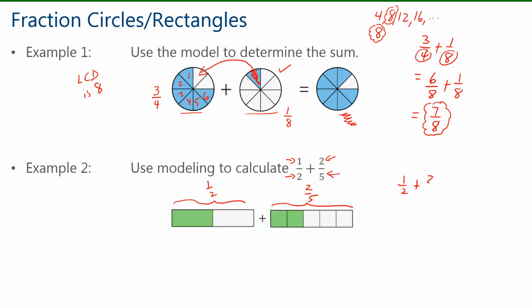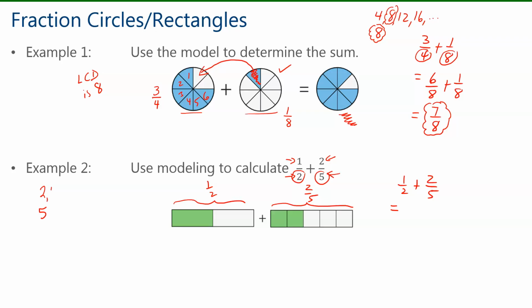We know that in order to add, we need to have the same denominator. And as with models, we know that we need to have those wholes divided up into the same number of equal sections. So we take a close look now at our denominators to help us figure that out. So the 2 and the 5.